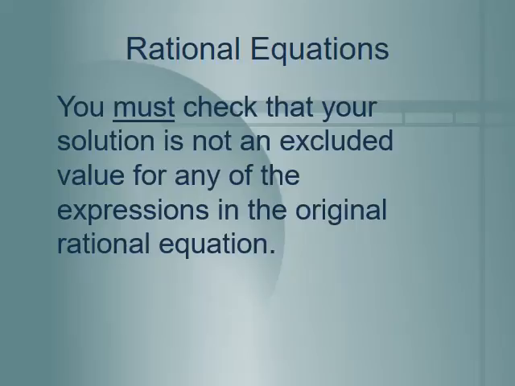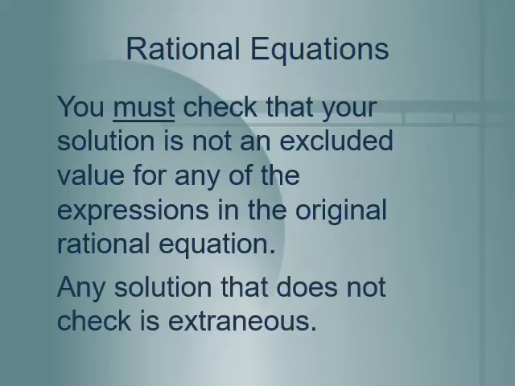And you have to always check your solution, because there will be some numbers that you get as a solution that do not work in the original problem, and it will not work out. We have seen that over and over, where we get an answer but it doesn't work, so there is no solution.